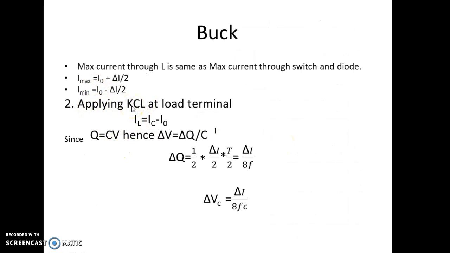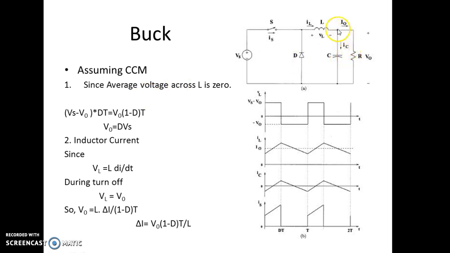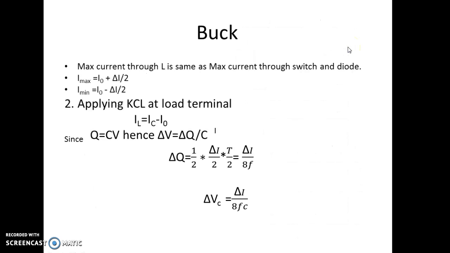Now I will find this. Applying KCL at this point, IL equals I0 plus IC, and then IC equals IL minus I0. So if I subtract I0 from this waveform, you will get this waveform, and this is the current waveform across this capacitor, that is IC. Now since we need to find the voltage ripple across the load, that is the same as the voltage ripple of the capacitor.